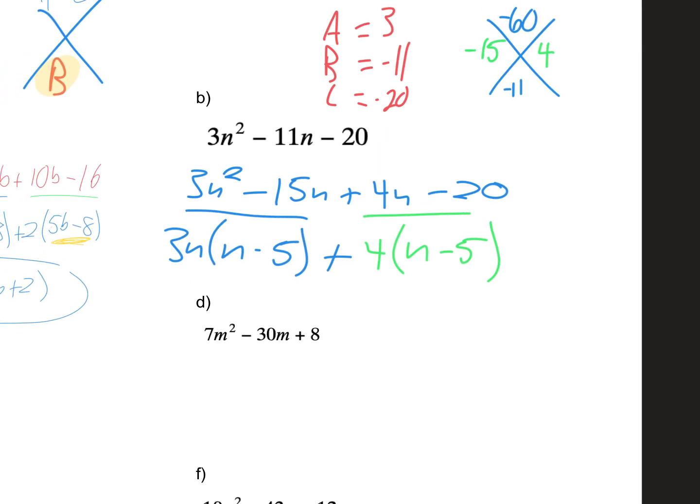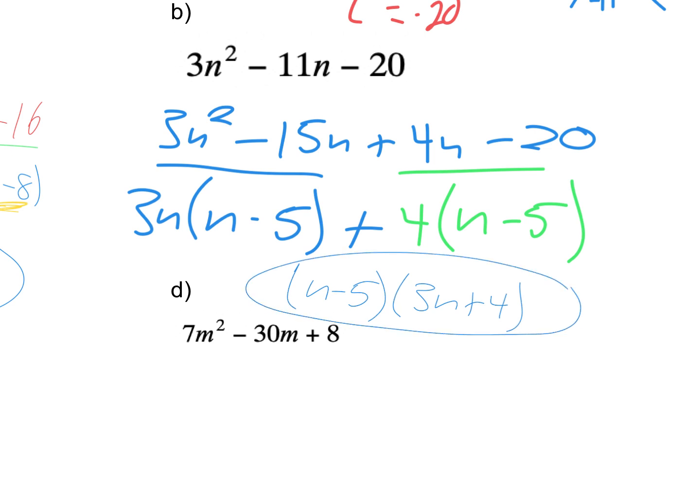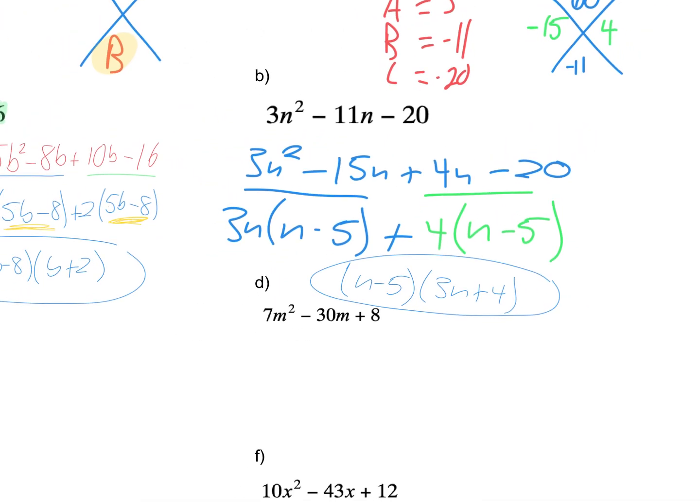Now that we have those factored out, we can use our grouping method and see that we have n minus 5 times 3n plus 4, since those are the factors that we factored out. So n minus 5 times 3n plus 4.